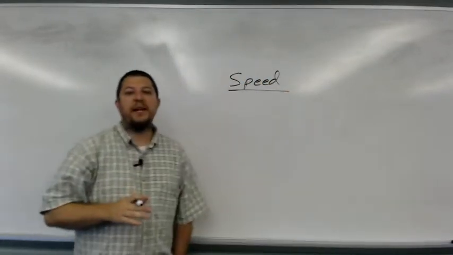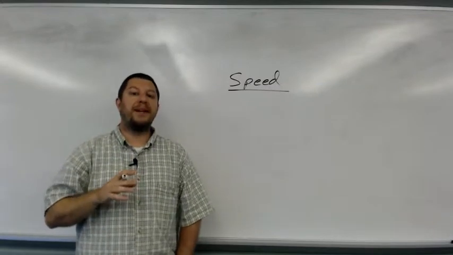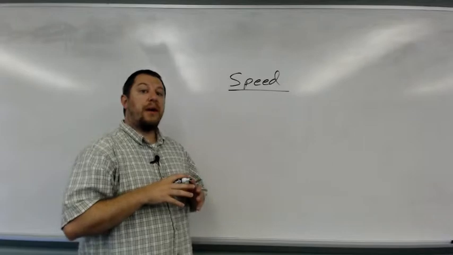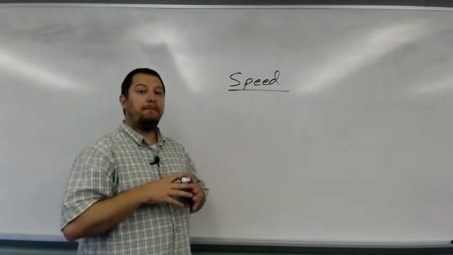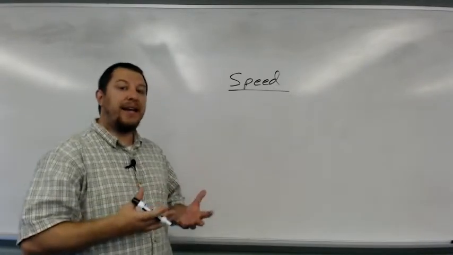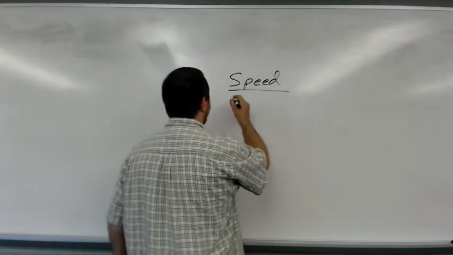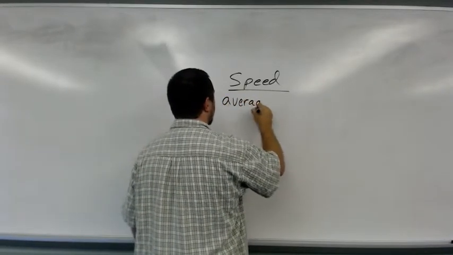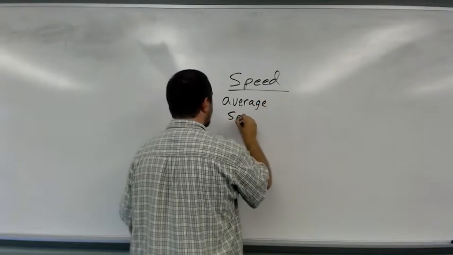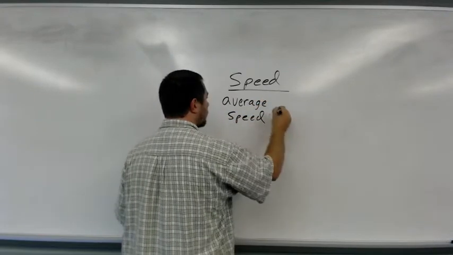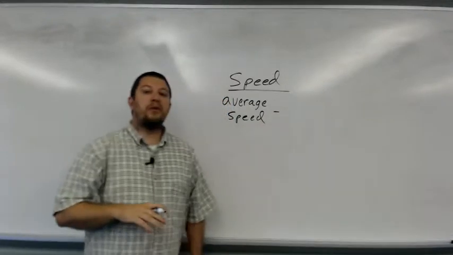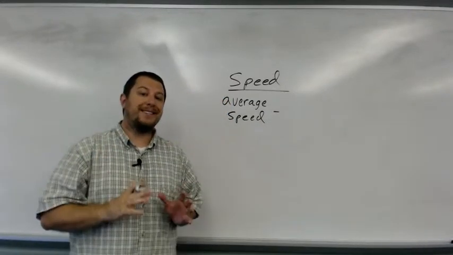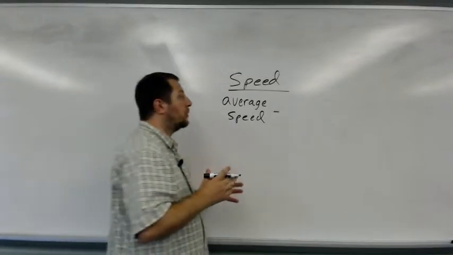And we're going to see that there are two basic ways to define speed. We're going to talk about what the average speed is, and we're going to talk about what the instantaneous speed is. So we're going to define average speed. To start, your average speed is just your total distance over some total time interval.